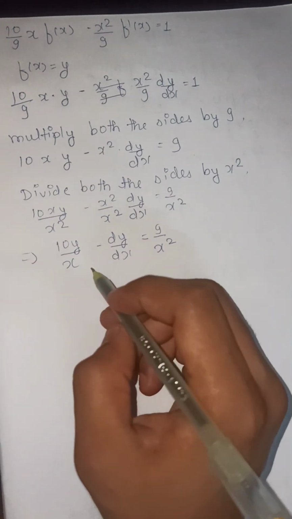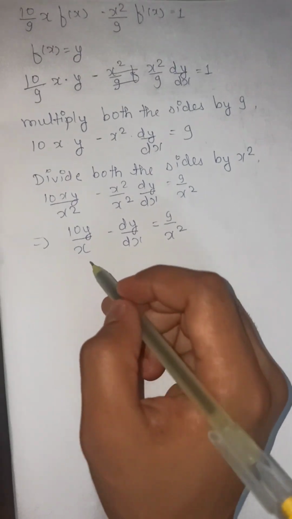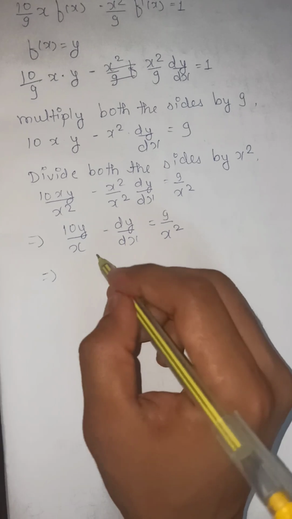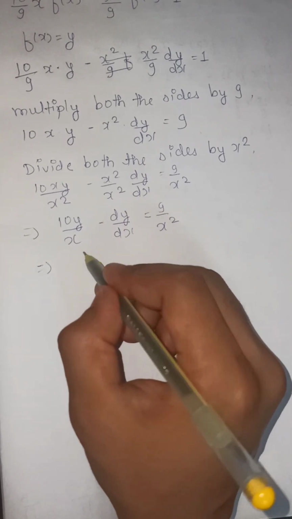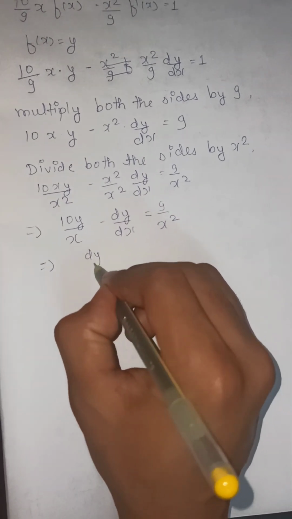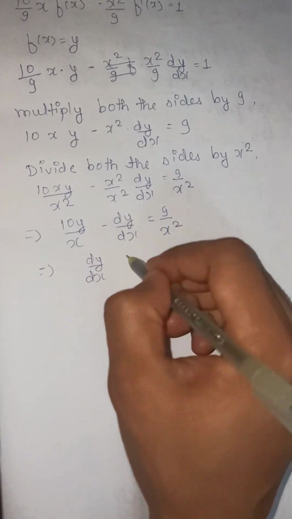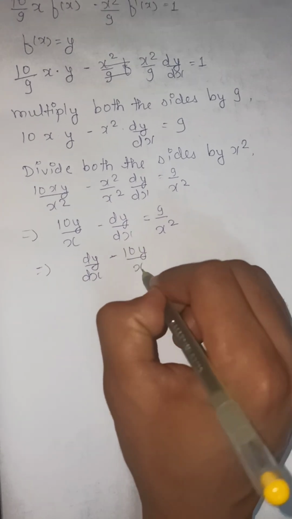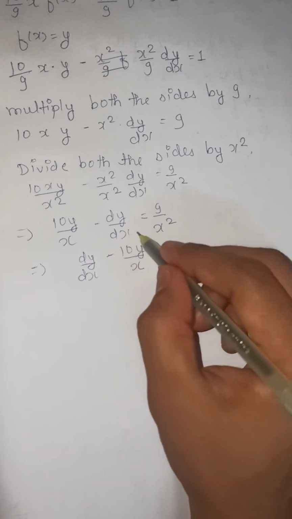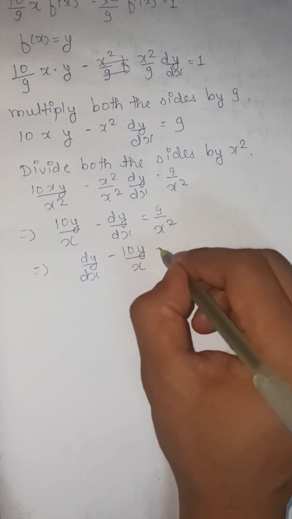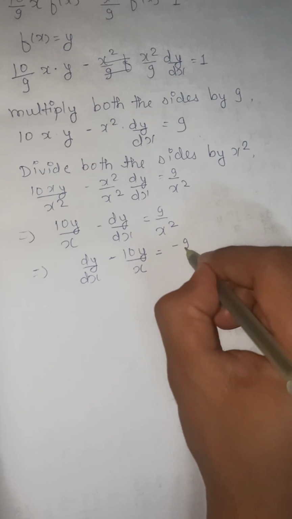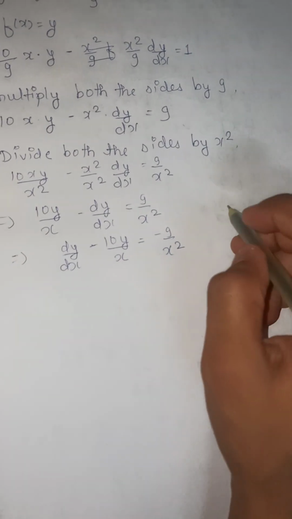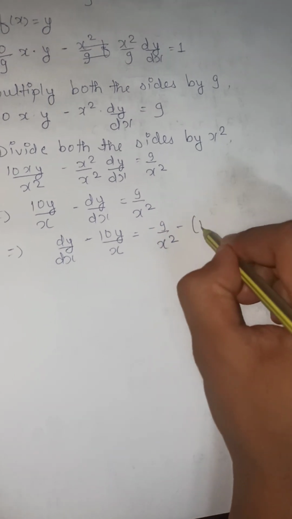Okay, so I hope you all are with me till this moment. So just simplify this term further, and you will get dy by dx minus 10y by x is equal to minus 9 upon x squared. So how did we get it?